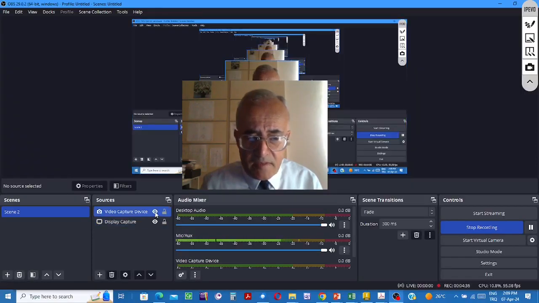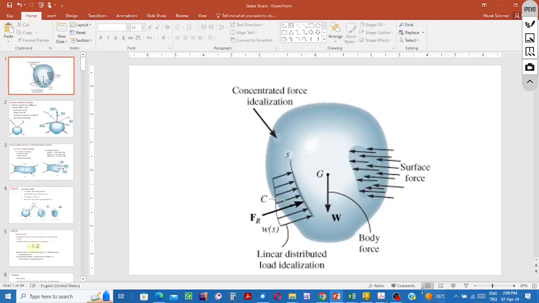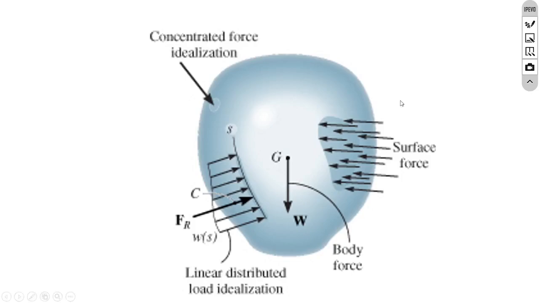At this point, dear students, bring such a figure to the screen. In the figure, the blue colored potato-like shape is our system. It has been isolated from the rest of the universe.